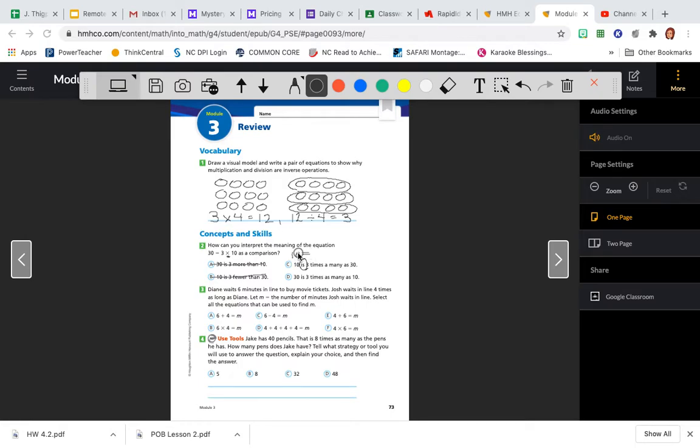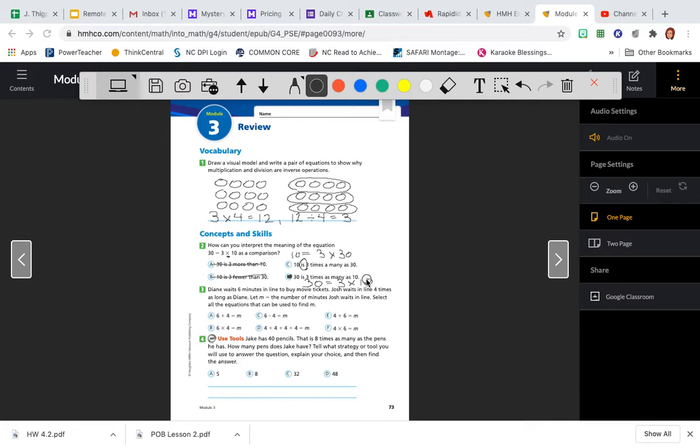We know, looking at that equation, that is not a true equation. So our answer is going to be D. And if I write that out as an equation, it would be 30 is equal to 3 times as many as 10. And that matches the equation in our question. So D is the correct answer.